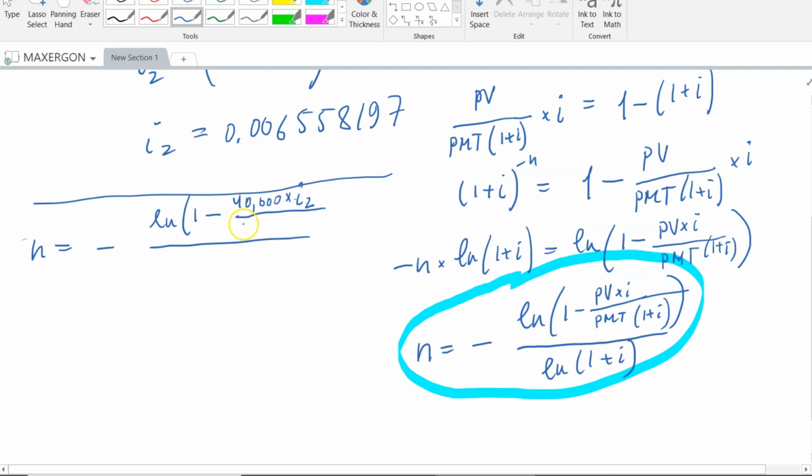Divided by payment, which is $500, times 1 plus I2, and divided by logarithm of 1 plus I2. Remember again that I2 is already found by us, and it's in the memory of our calculator. Now we need to compute this n very carefully in the calculator.